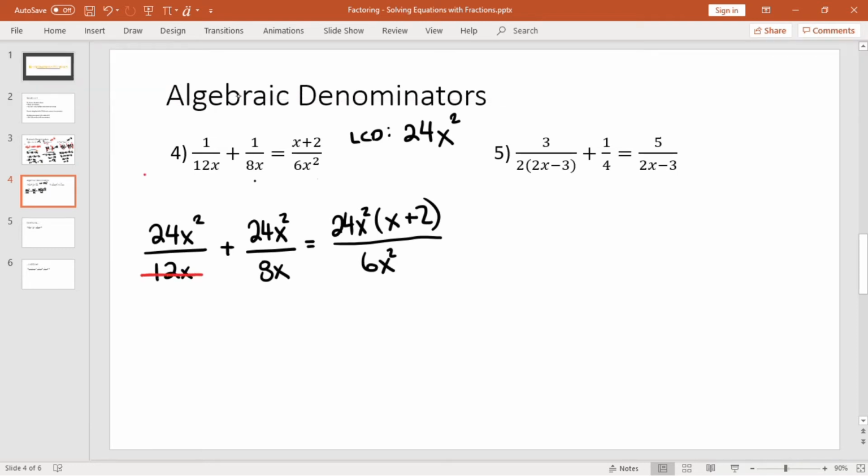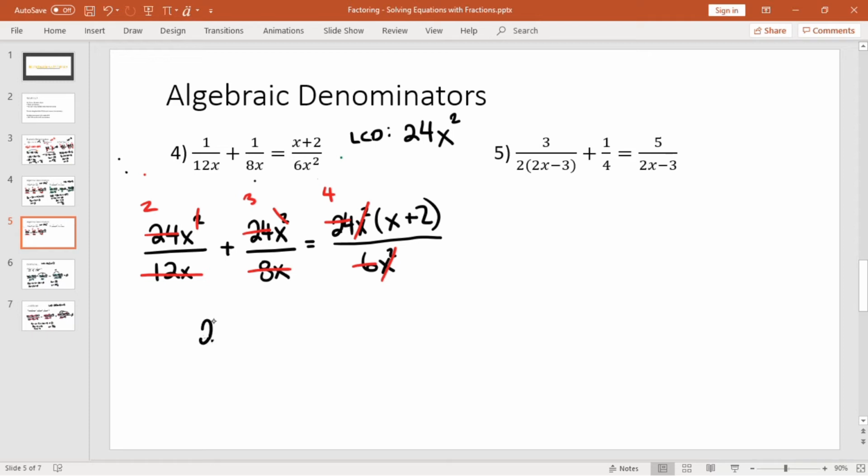This will cancel, this will become 2, and this will be plain x. This will cancel, this will become 3 plain x, and all of the x's cancel, and this becomes 4. So let's assemble here.